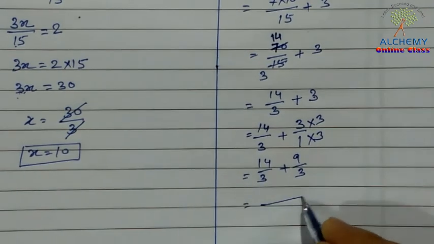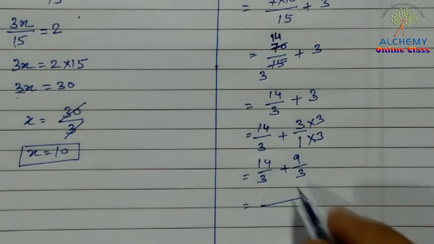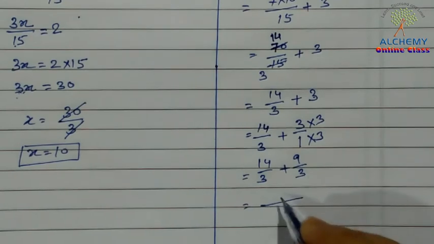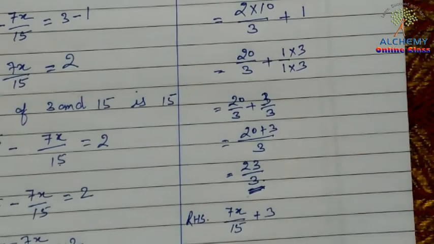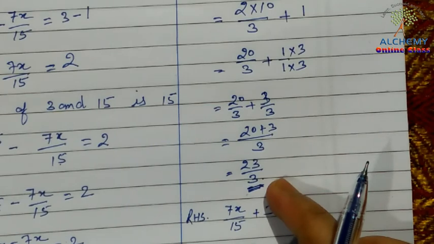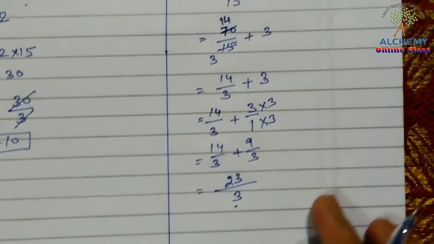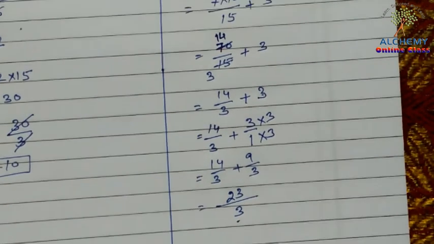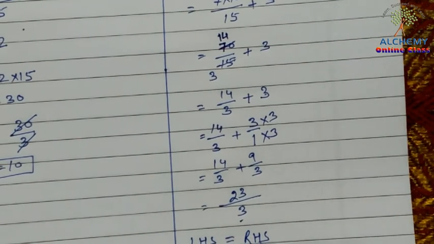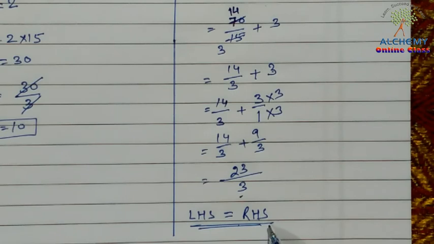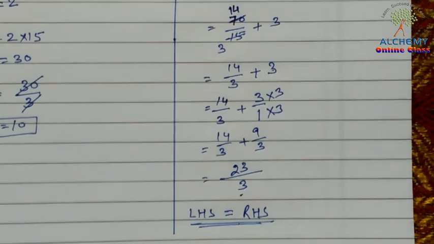Okay, so we can write here 14 and 9, it will be 23 upon 3. Okay, the value of the left hand side is 23 upon 3. The value of the right hand side is 23 upon 3. So now we can write here left hand side is equal to right hand side. So left hand side is equal to right hand side.